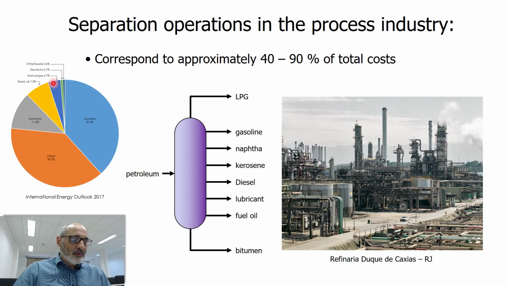Petroleum is processed to produce liquefied petroleum gas, gasoline, naphtha, and so on, and this is actually a separation process. I put a picture here for you to have an idea of the size of the equipment devoted to separation. So in addition to being very widely applied, these processes correspond to a high percentage of the total costs, including CapEx and OpEx.